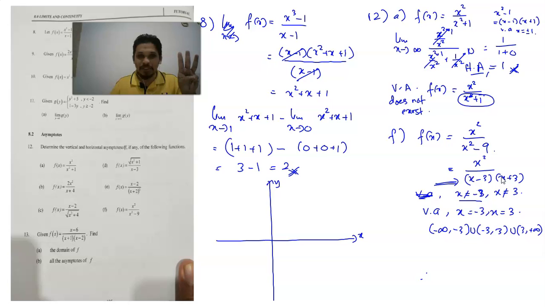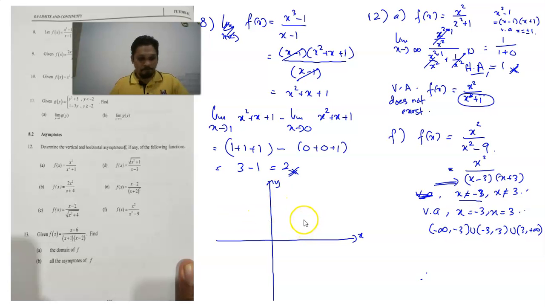The first is x cannot be equal to negative 3 and 3. Second, x equal to negative 3 and 3 are the vertical asymptotes, and third, the domain is all real numbers except for negative 3 and 3. So 1, 2, 3, all the information here.